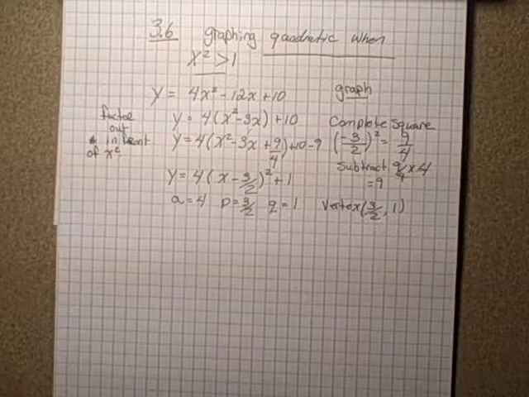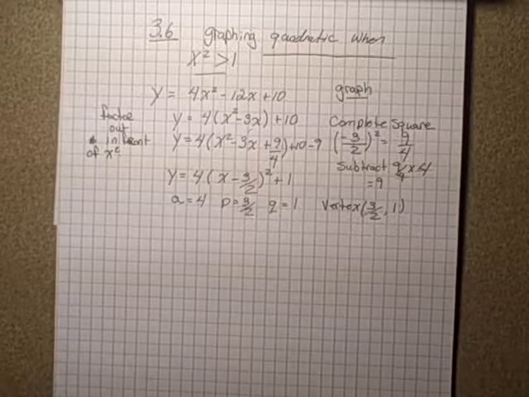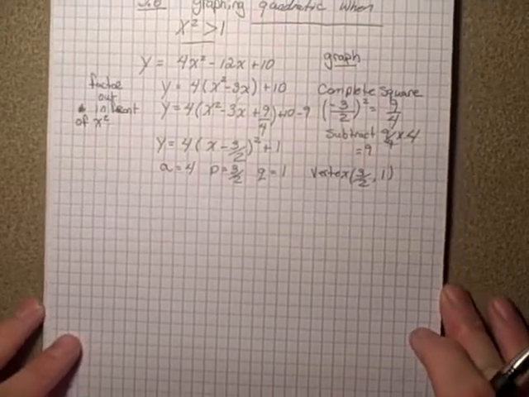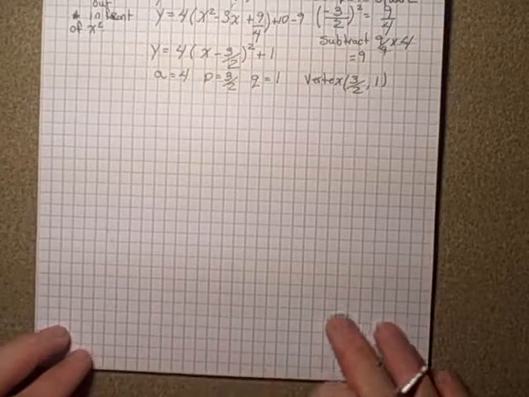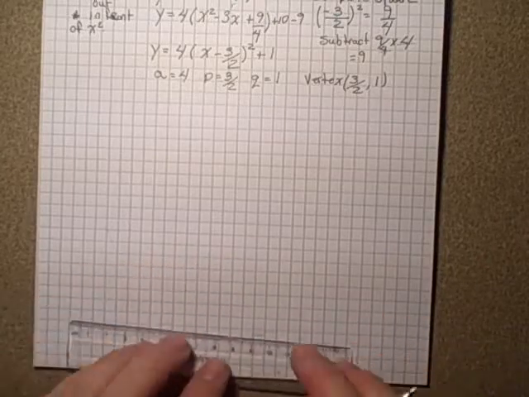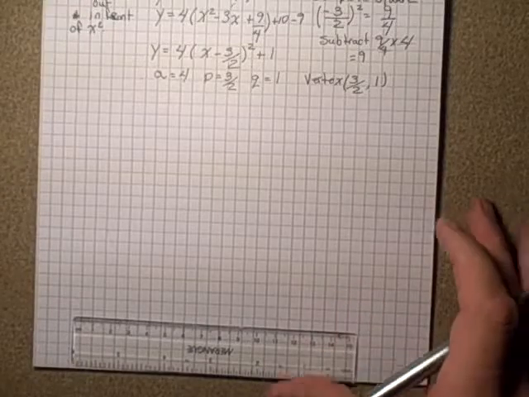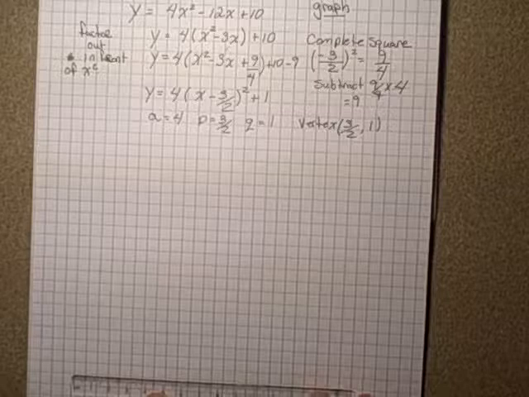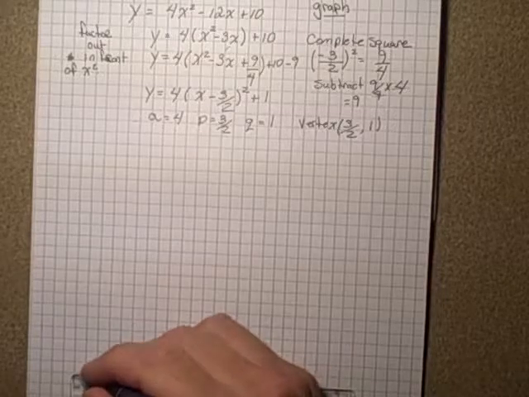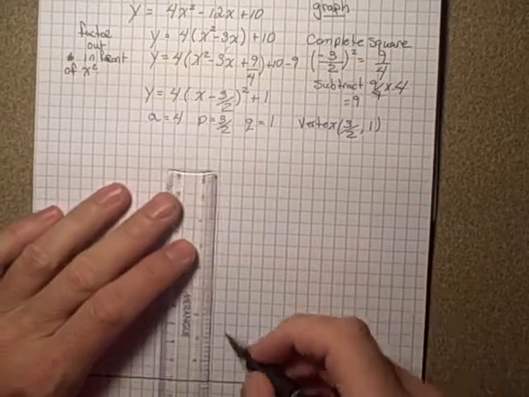So then I'm going to graph this now, and I'm going to move my field of view up into where we can see it a little better. Because it's going to be above the x-axis, I'm going to draw this so that I have quite a bit of room to work with. So here we have our x-axis, and then the y-axis.